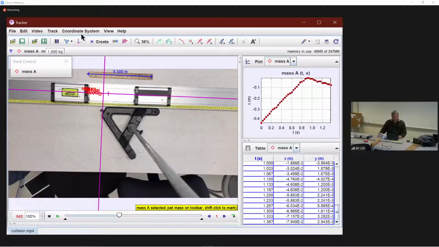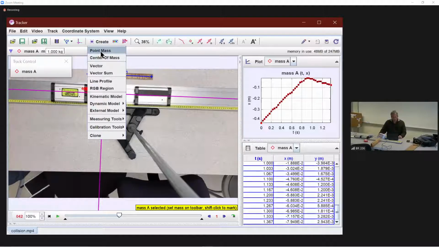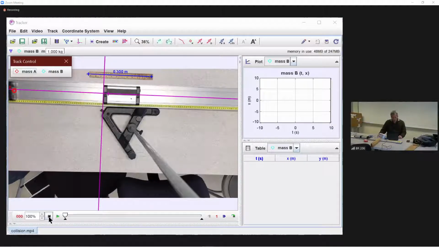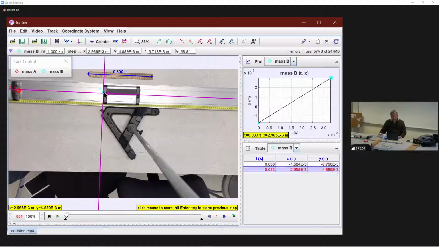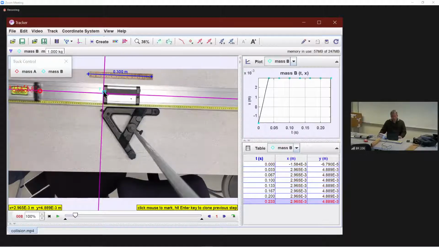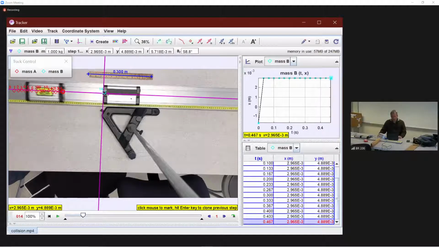Okay, and now we can click create another point mass. Let's go back to the beginning. And this is mass B, and mass B will be at the other cart. So I'm going to hold down shift, and this is easy because cart B is not even moving at all for a while.